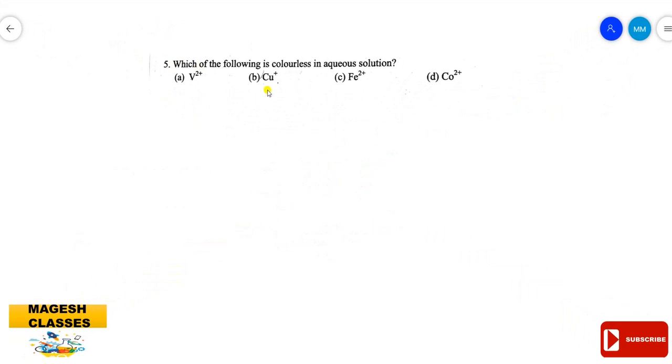Next question, which of the following is colorless in aqueous solution? If the ion has d orbitals with unpaired electrons, then it is colored.